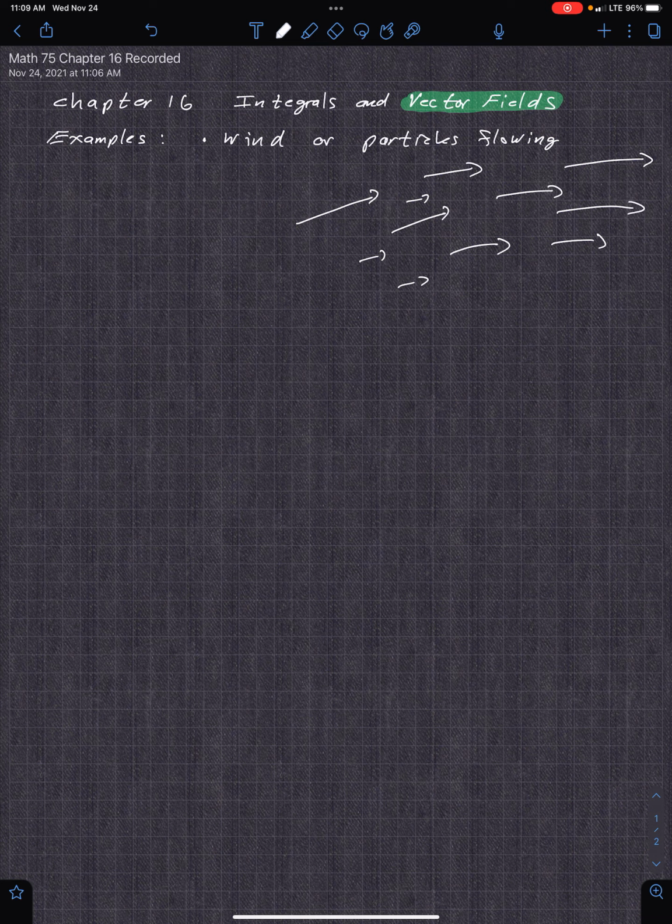So that's one example. Another one is gravity. So gravity is a vector field. Electricity type stuff, so you have electric fields. Electromagnetism, so electric fields and magnetic fields.